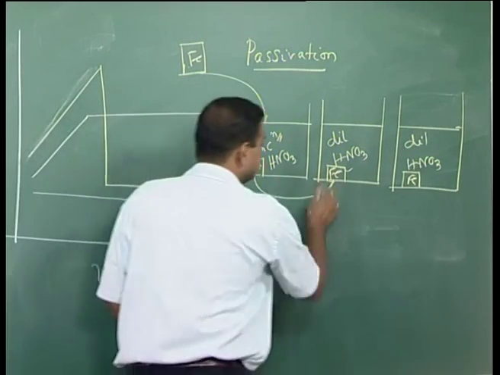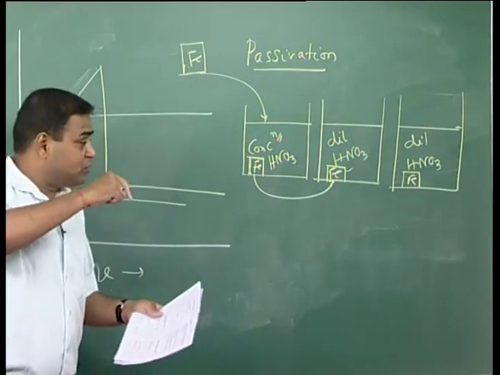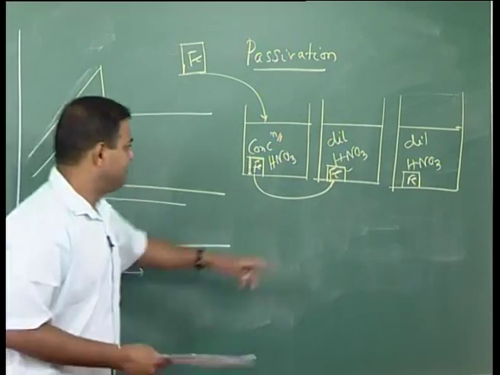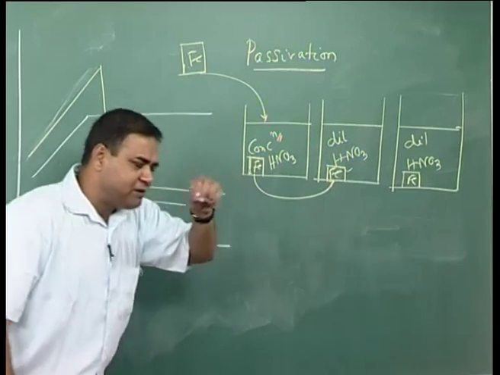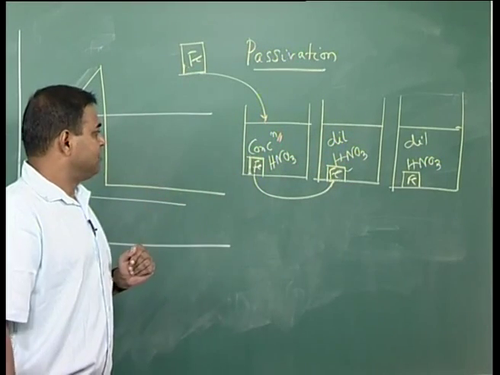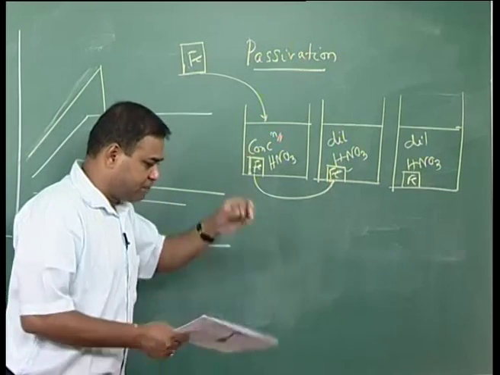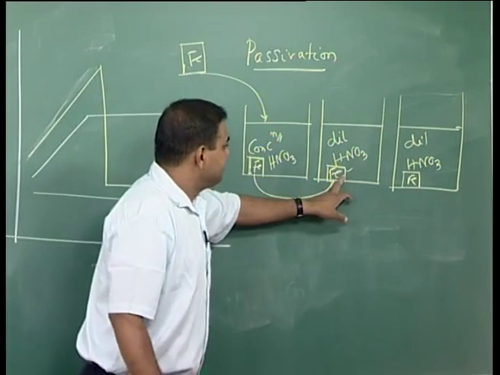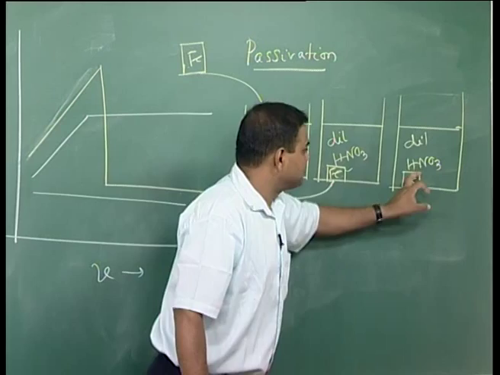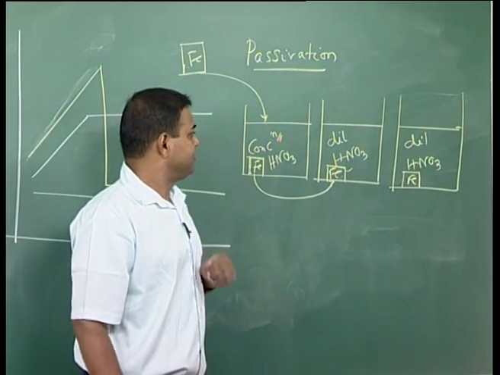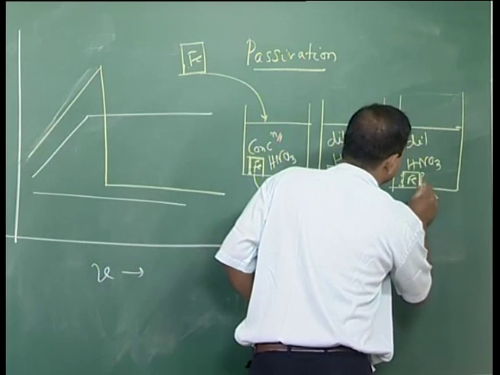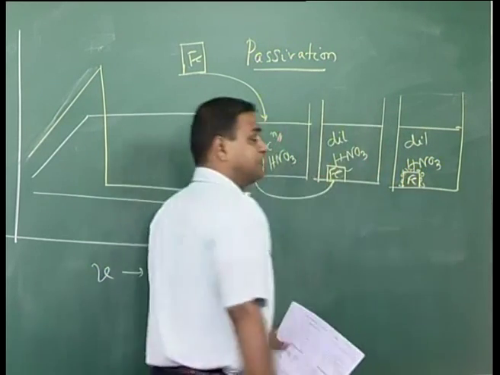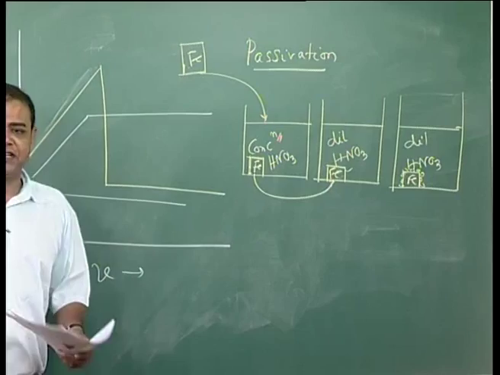Now what happened? He took the same piece again and put it here, but here he made a small change. This iron piece was scratched a little bit with a glass pipe, and that scratched piece is put here. Again there is vigorous bubbling on the surface, which is nothing but the scratch.